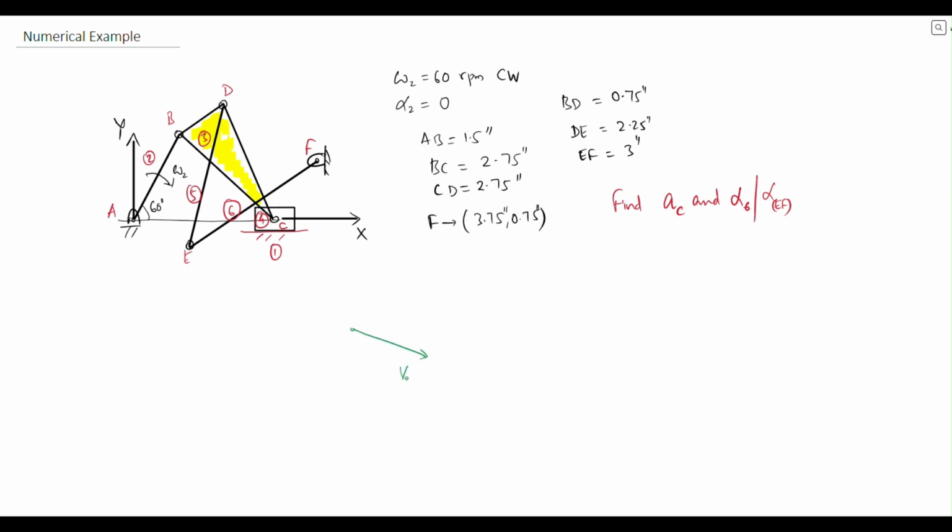You will draw this velocity of B with respect to A, and that would be orthogonal to the link AB, and the magnitude of VB is simply 1.5 inch times 60 RPM.